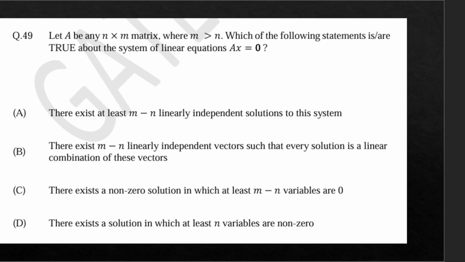So a few more seconds I am waiting so that you all can read, and after that we will solve this question.